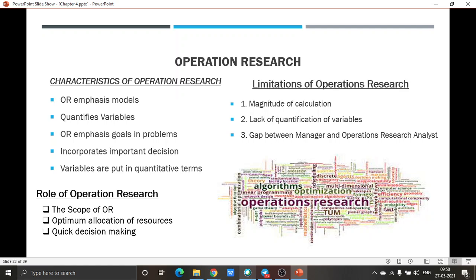So the definition of OR, if you see, suggests that various elements of the problem on which a decision is to be made are expressed in numerical forms. Now the relationships among these elements are established, and the decision is made on the basis of analysis of the relationships.